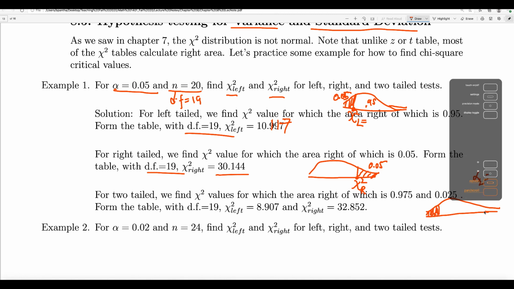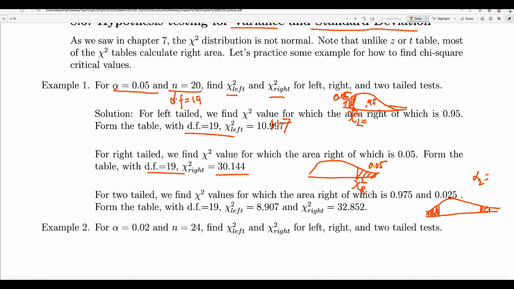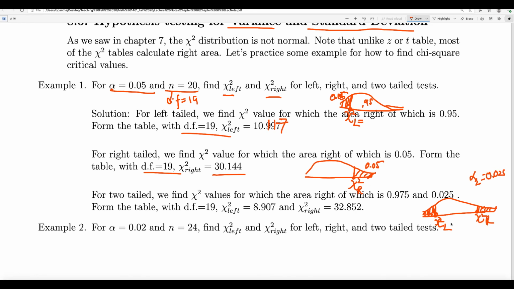This boundary we call chi-square right, and this boundary we call chi-square left. Each area is 0.025. This area is 0.025, and this area is 0.025, right?